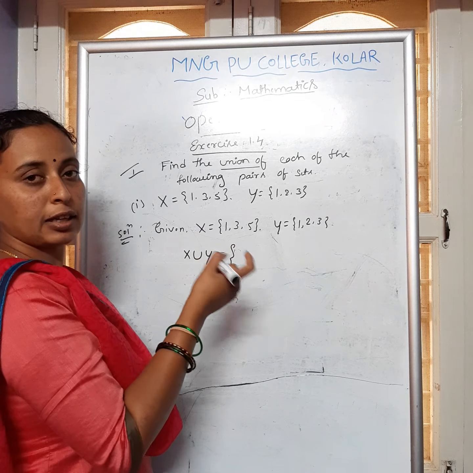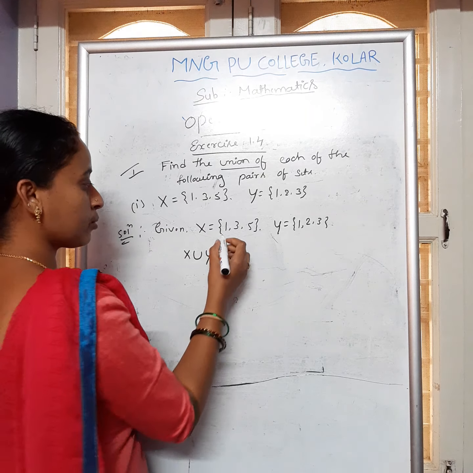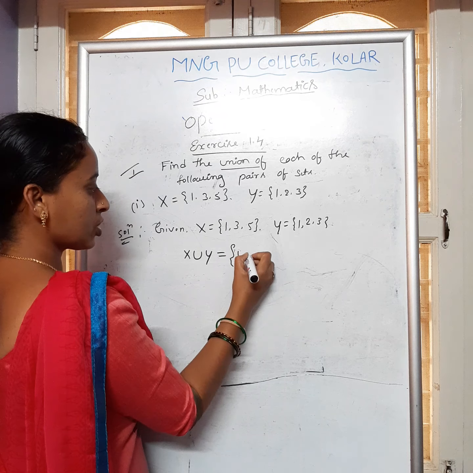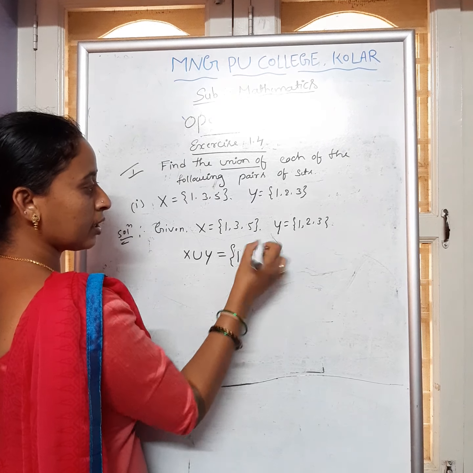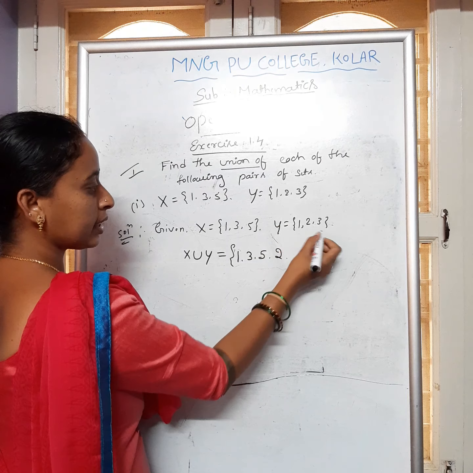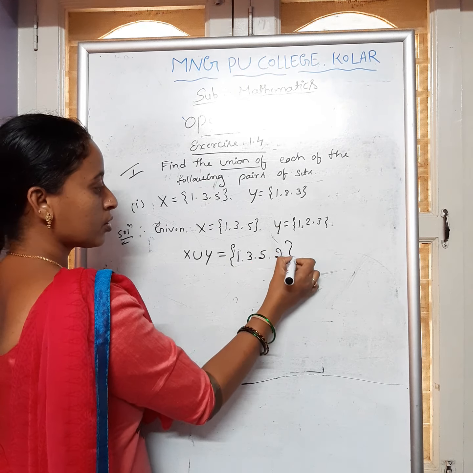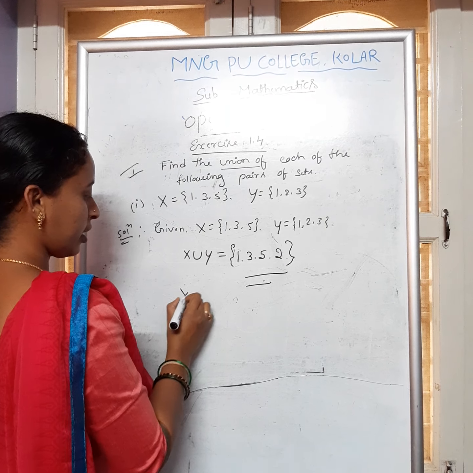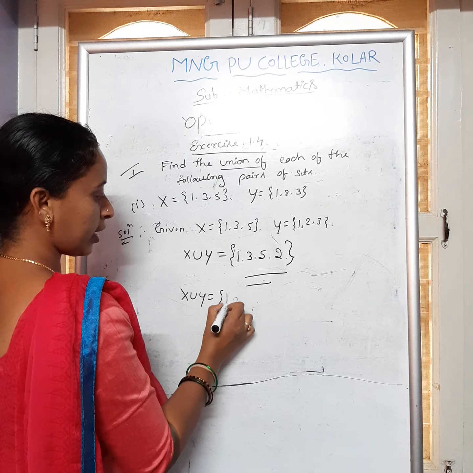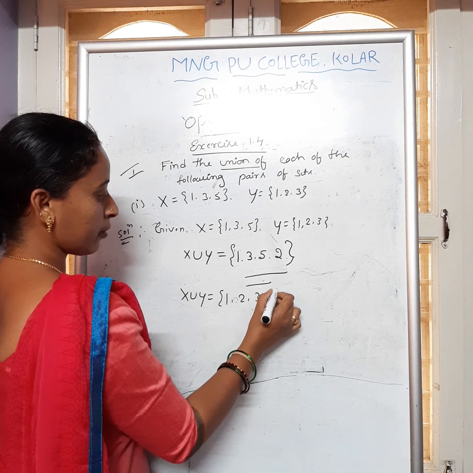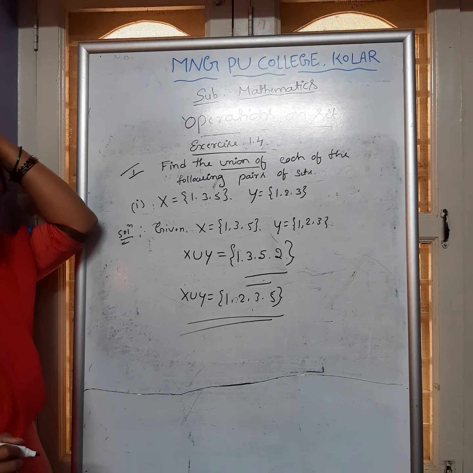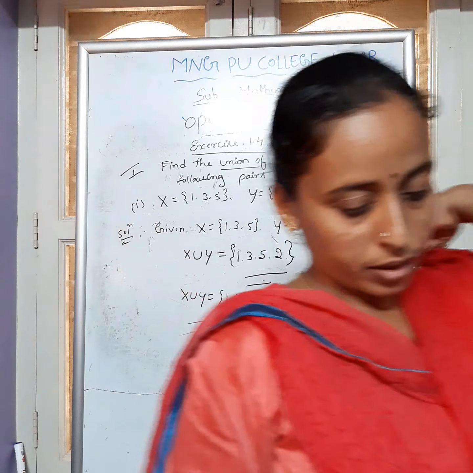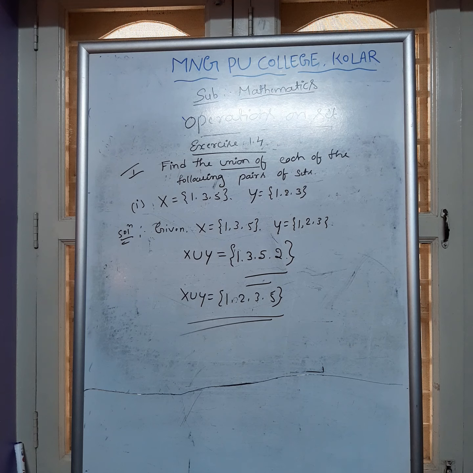But repeated elements we should collect only one time. So that is 1, next 3, next 5. 1 is already there, leave it. 2. 3 is already there, leave it. So X union Y = {1, 2, 3, 5}. This is the solution of the question. This is the union set. See, these elements are either in X or in Y.